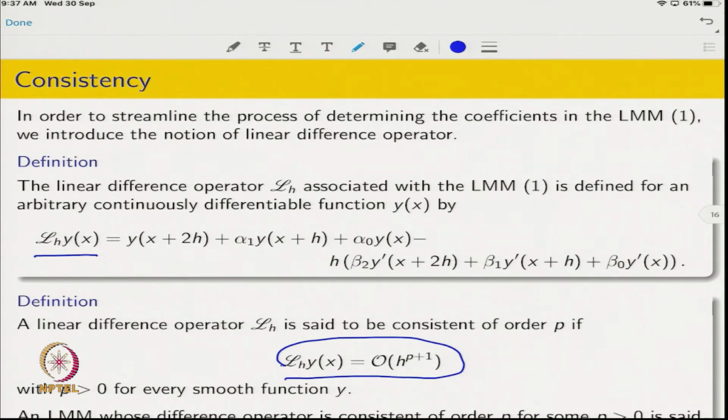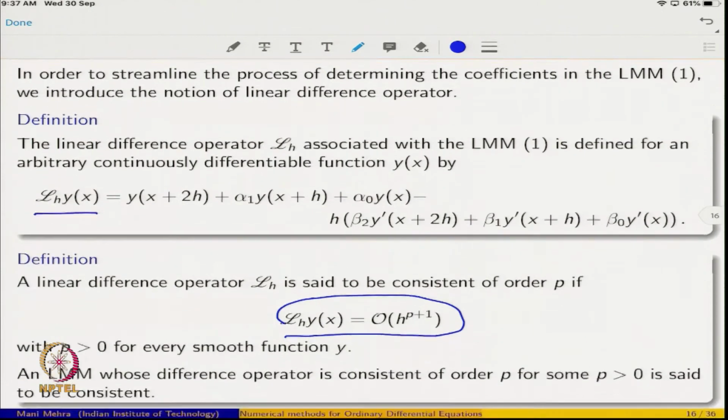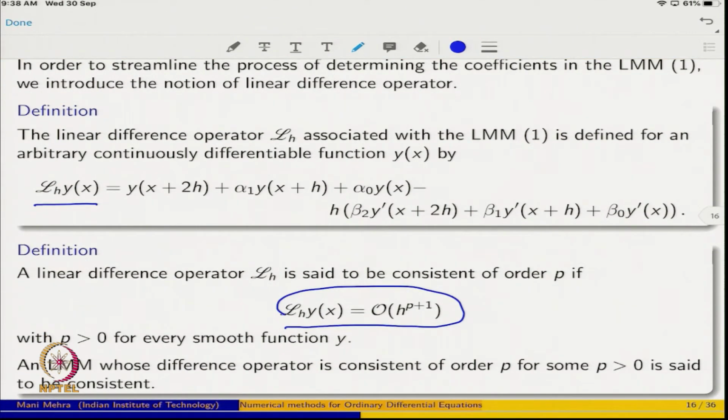If the truncation error is not tending to 0, it will not converge. That is what we have seen in the last lecture also. So, to define this truncation error concept in an alternative way, a linear difference operator L_h is said to be consistent of order p if p is greater than 0 for every smooth function y.